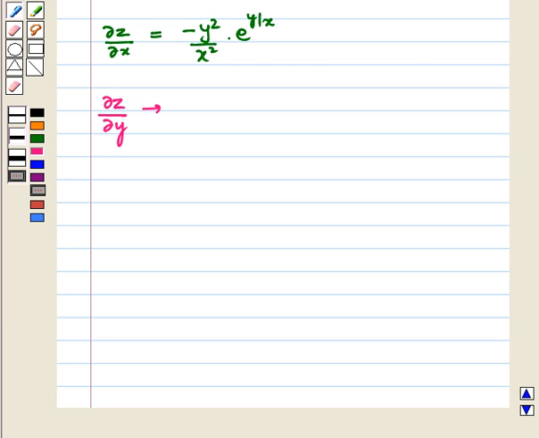For this, we have to differentiate partially the given function z equal to y into e raised to power y by x with respect to y, treating x as constant.